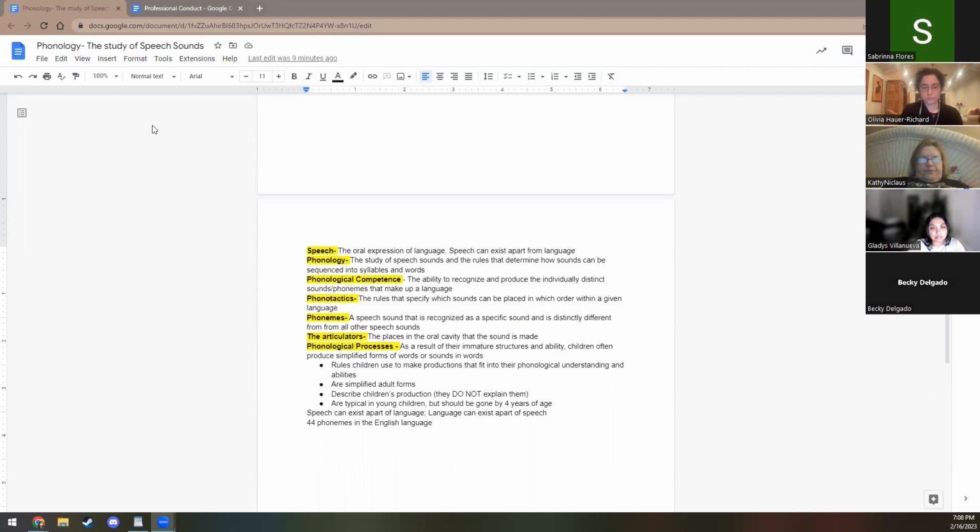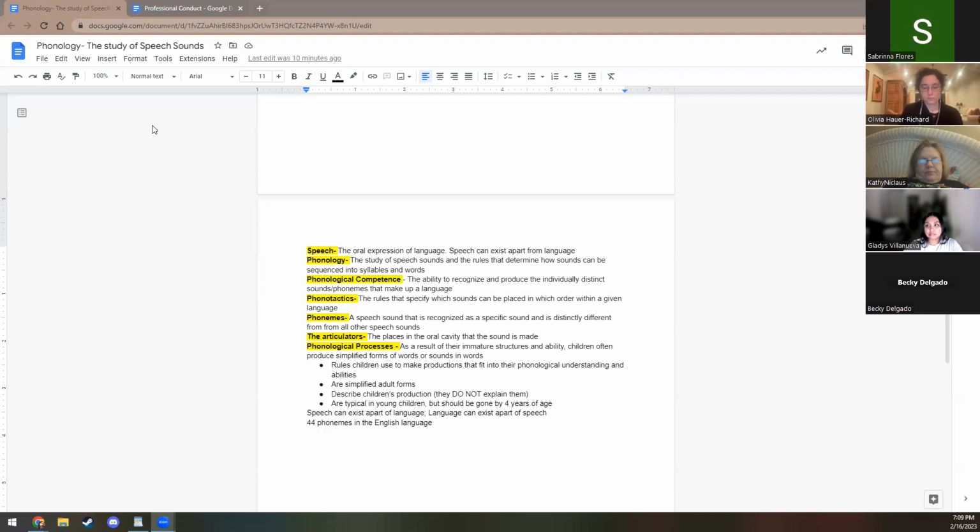So it's what the child understands about how the word is produced and how they produce it. A child might have trouble with the sh sound, so they might reduce that sh sound into something else, like a Z sound. They are simplified adult forms. They describe children's production, and they're typically in young children, so this should be done by the age of 4.